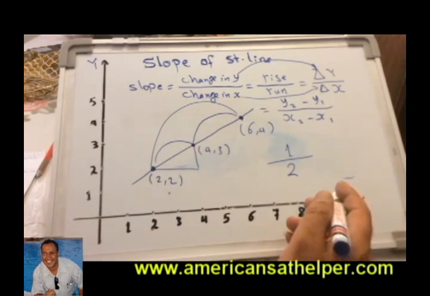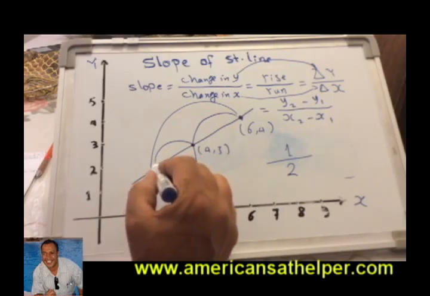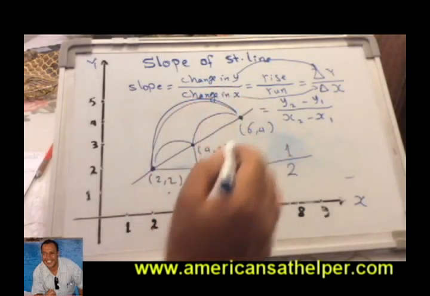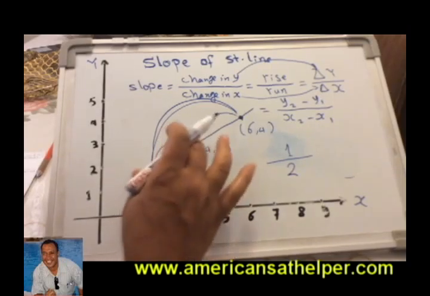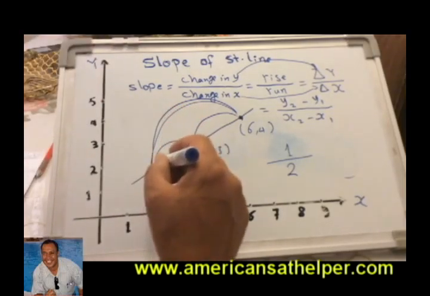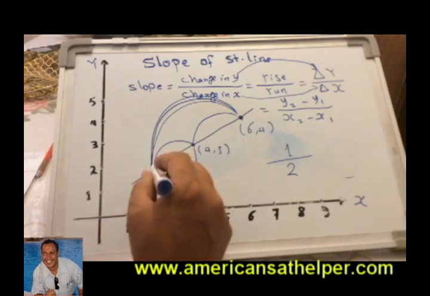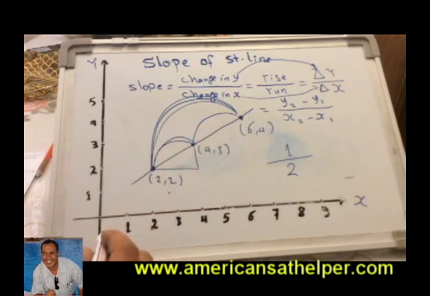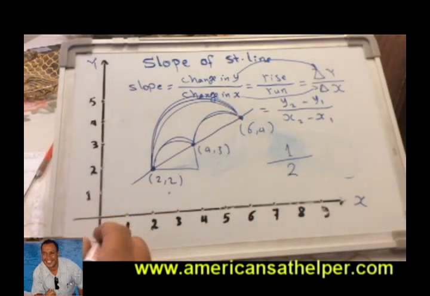This means if we have a line, the slope between any 2 points doesn't change from one segment to another, from place to place. The slope between these 2 points is the same as the slope between these 2 points, which is the same as the slope between these 2 points. And each time the slope equals half.